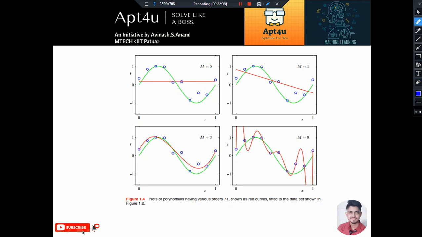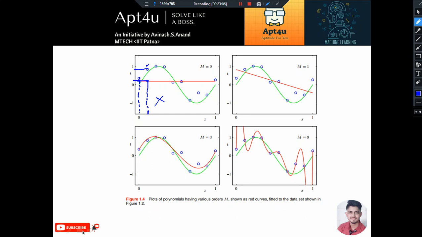So do you think that this red curve is very similar to the green curve? No, there are lots of errors. You can see this is the error, because for this particular point, this curve indicates that this point will lie here, but actually the point is lying here. For this particular point you can see this is the x value, so accordingly the predicted value will be this, but the actual value is this.